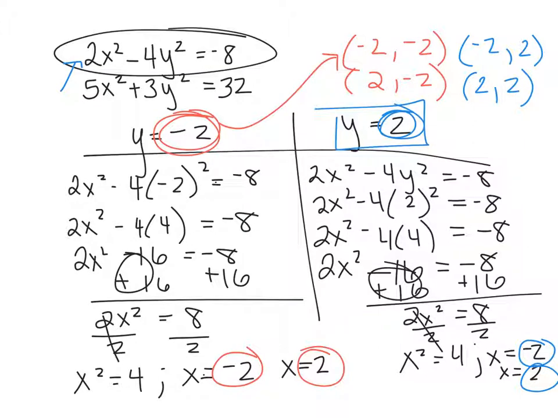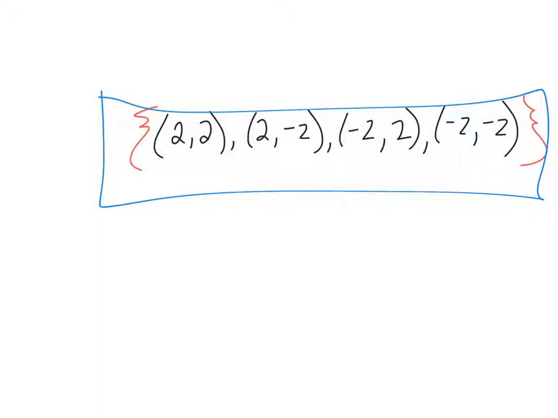And these are my four solutions, or four ordered pairs. So the solution set for that system of equations is (2, 2), (2, negative 2), (negative 2, 2), and (negative 2, negative 2). So you have four ordered pairs for that solution.